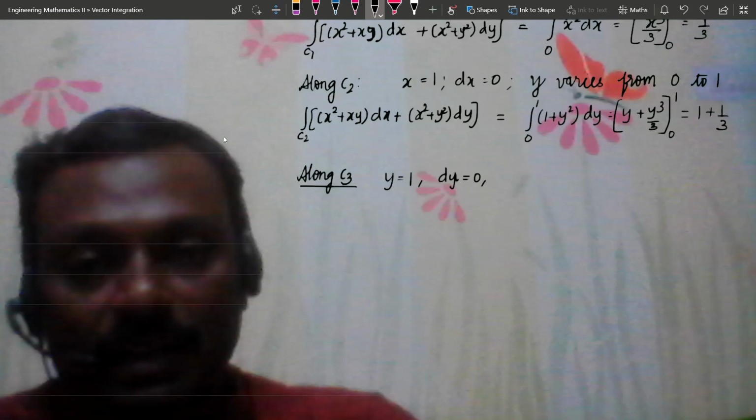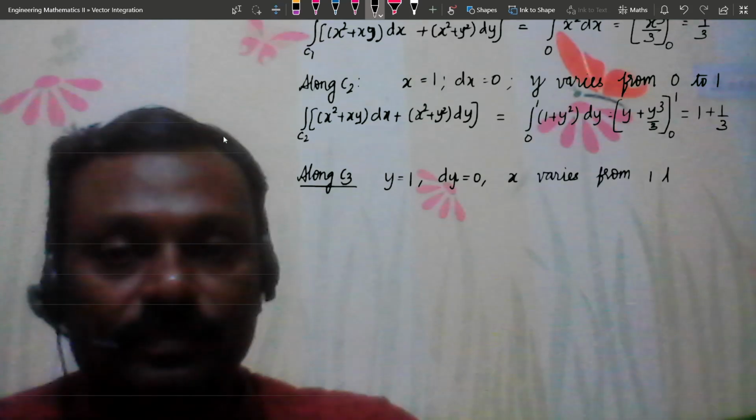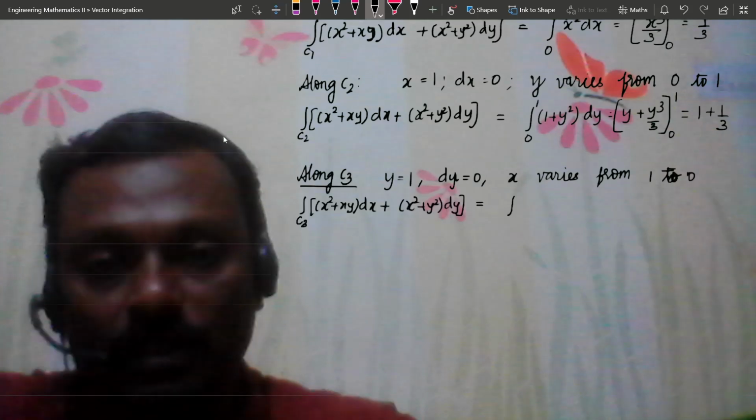So the integral along C3 of the given integrand, x squared plus xy dx plus x squared plus y squared dy, takes the form of the integral from 1 to 0.